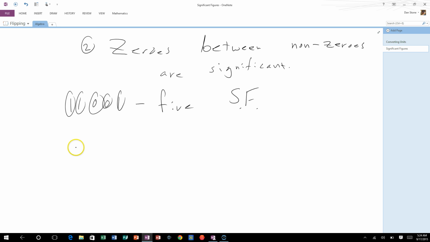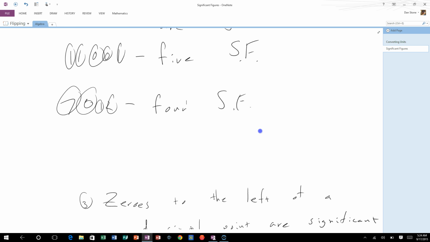If you've got the number 7,012, how many significant figures do you have? That would be 4 significant figures. Because, again, Rule 1 says that these guys are all significant figures because they are non-zeros, and the 0 is between other significant figures.